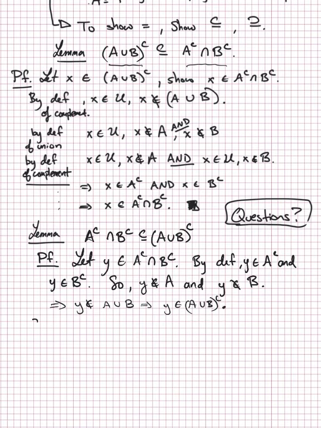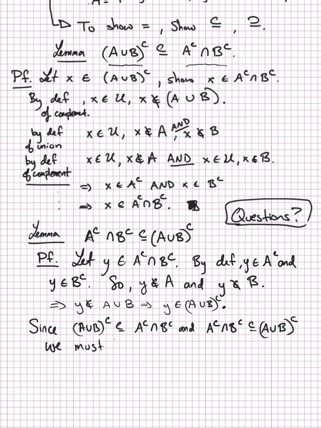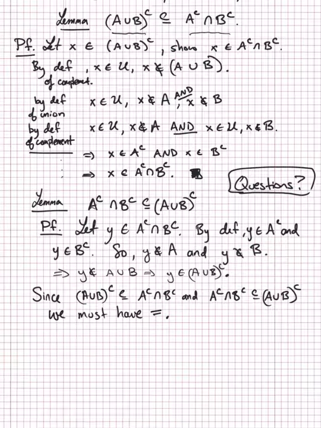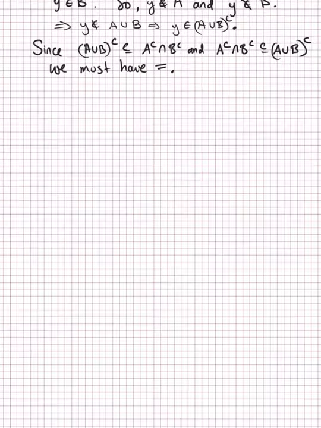And therefore, since the complement of the union was contained in the intersection of the complements, and vice versa, we must have equality. Okay?